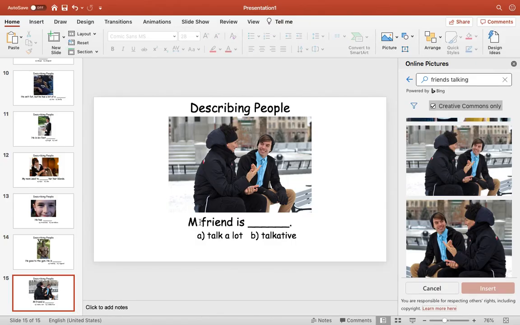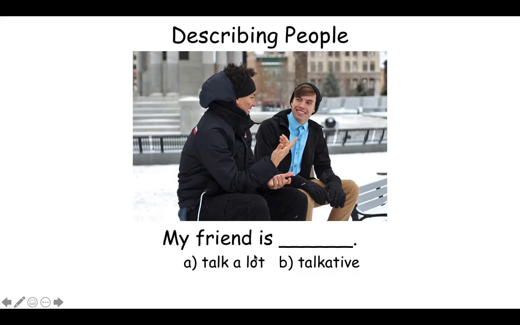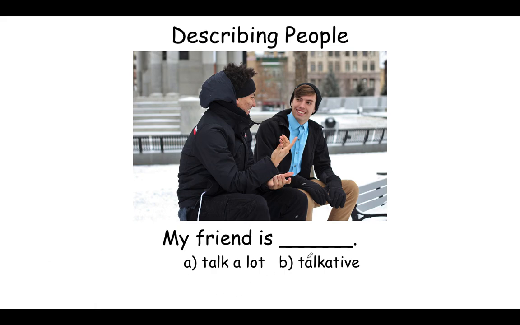Sorry, one second. I'm just going to fix this so it's not confusing. So my friend is talkative. The answer is going to be B. You would say my friend is talkative, or my mom is talkative. That's the word we use to describe somebody when they talk a lot.